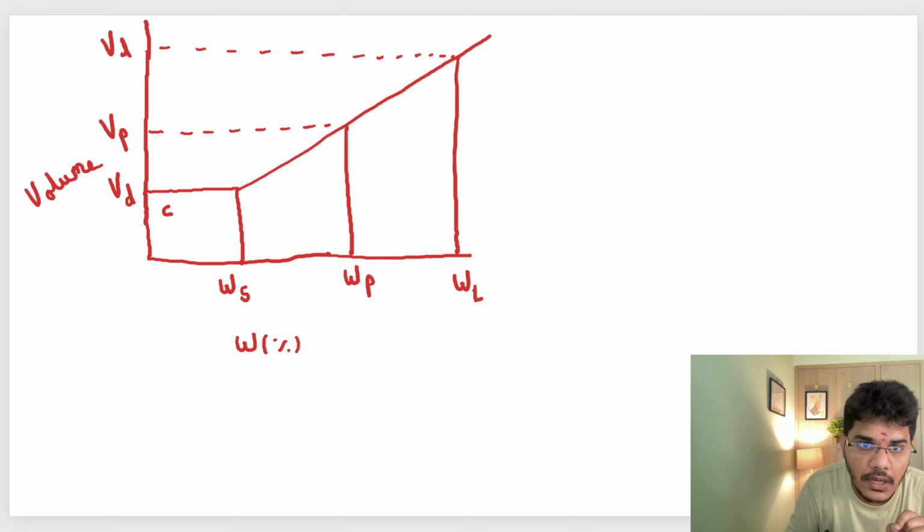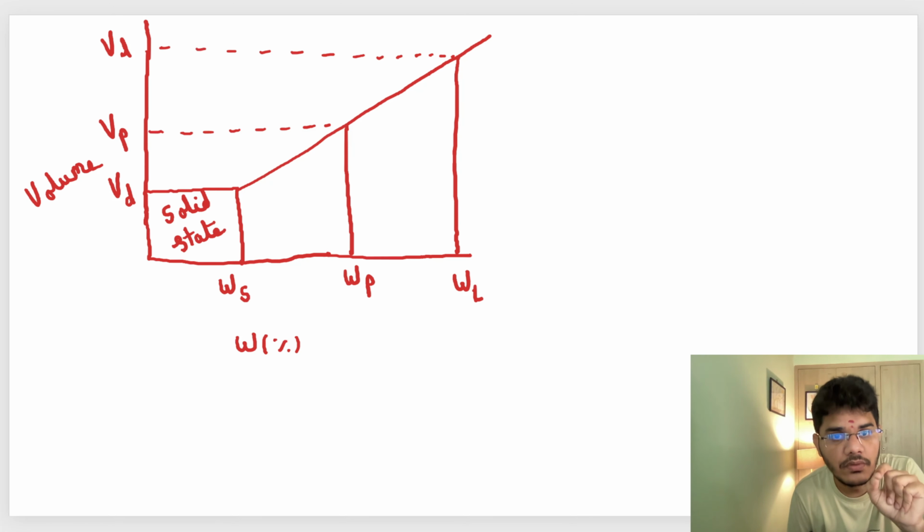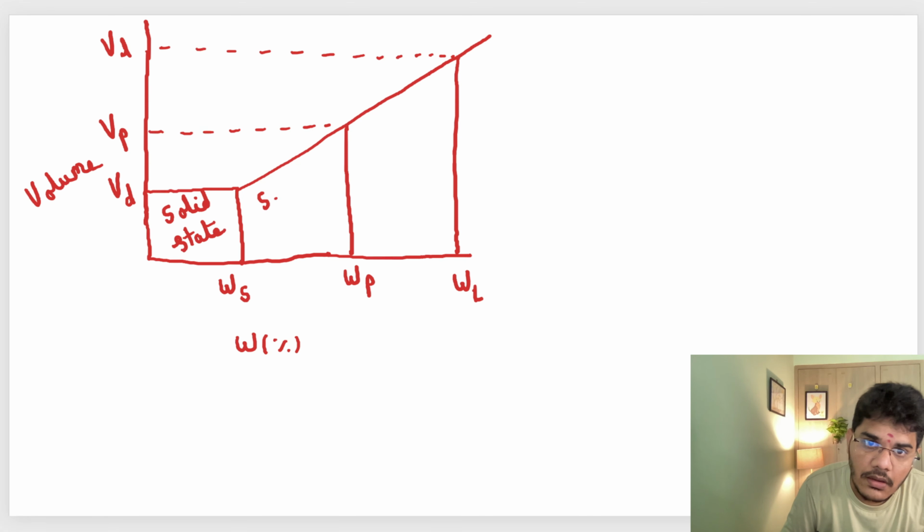This region will be the solid state. If the water content is between shrinkage limit and plastic limit, then it is called the semi-solid state.